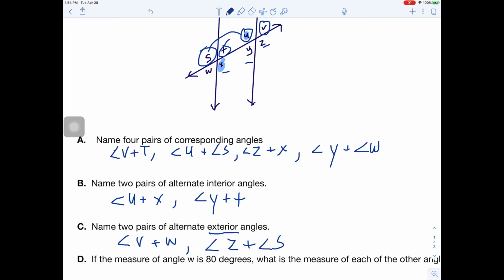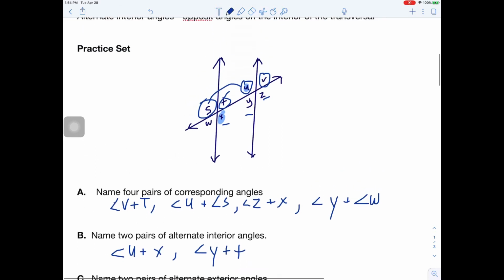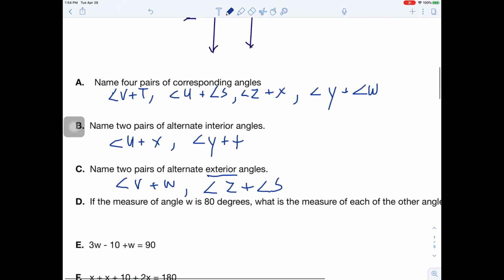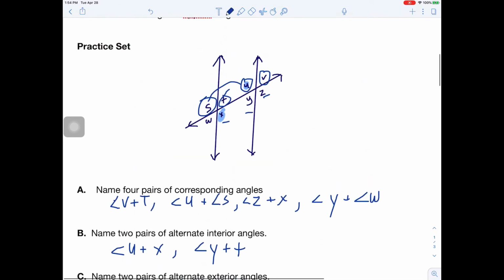So now it asks us the next question, saying that if angle W is 80 degrees, what is the measure of each of the other angles? So let's see if we can clean this all up. Let's read it carefully, W is 80 degrees. I'm just going to clean up some of this stuff over here.